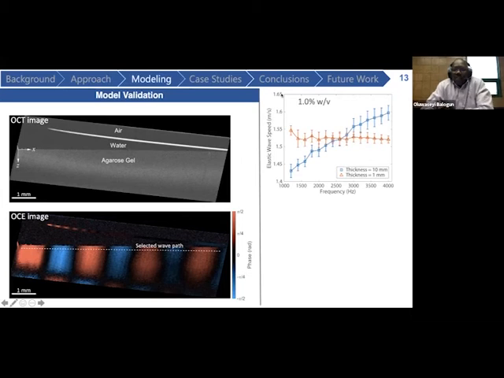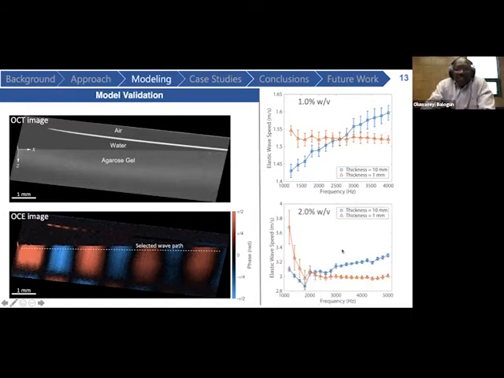These are some measurements in this agarose gel for two different thicknesses, 1 millimeter and 10 millimeters, and for a 1% weight to volume ratio of the agarose gel. What you see here is that for the 1 millimeter, the curves are almost flat. However, for the thicker layer, you see this increase in velocity with frequency.